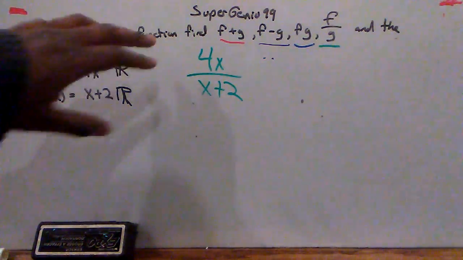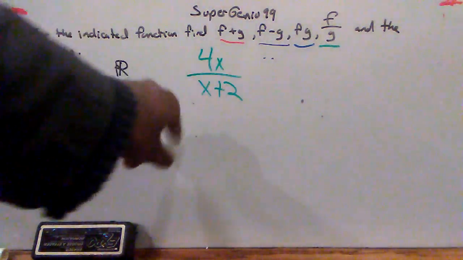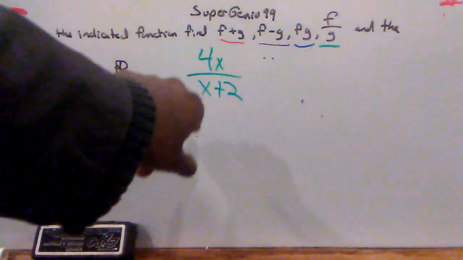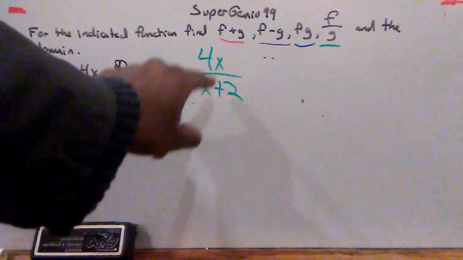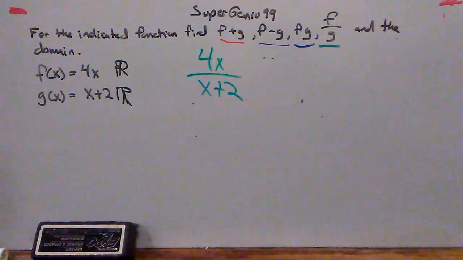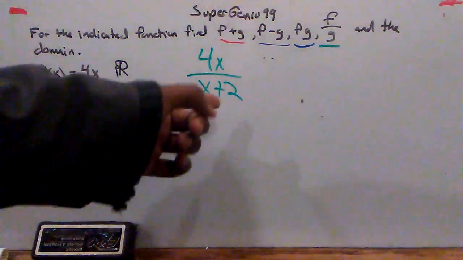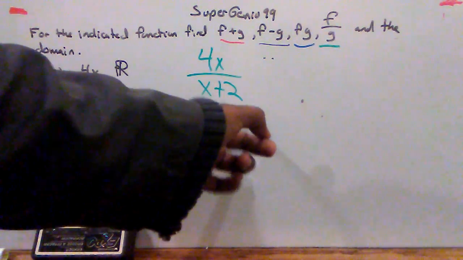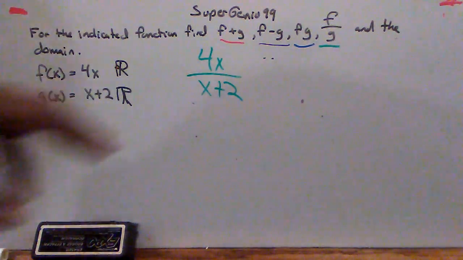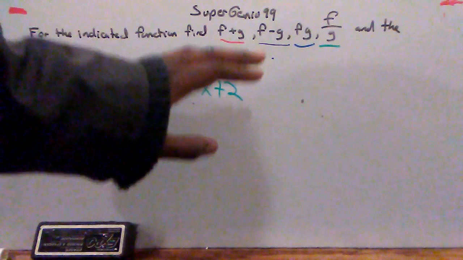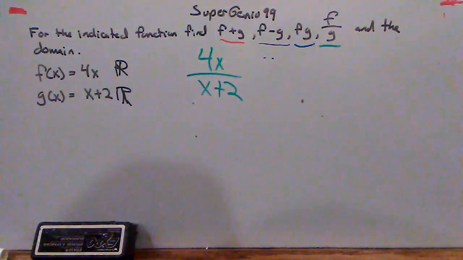You remember when you have a fraction, you can't have a 0 in your denominator. So you gotta ask yourself, what will make this a 0 here? And you just take a look at it, you can tell it's -2 because -2 plus 2 equals 0. You don't want a 0 in your denominator. So this is every number but -2. So how do you represent every number but -2?